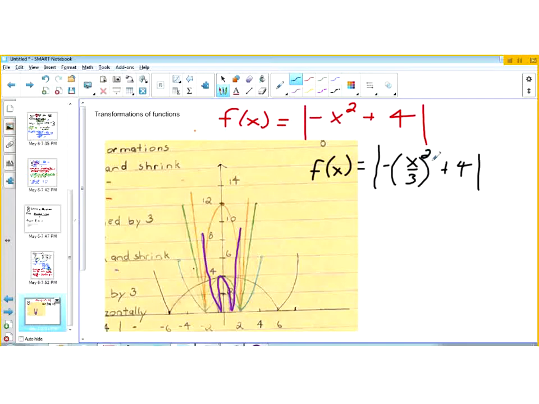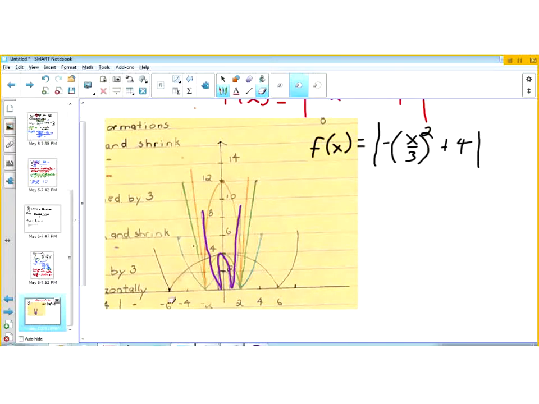So let's go x, we'll divide our x's by 3 in the function definition, but this is basically amounting to multiplying all of the x's by 3. And what this does is it will stretch the graph in the x direction.